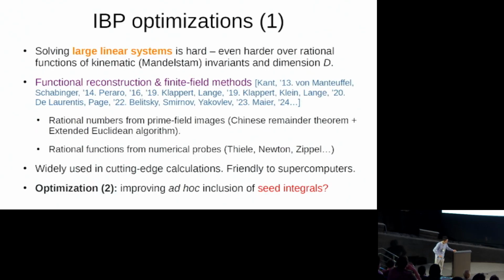Now, since the IBP reduction is a hugely computationally intensive business, we'd like to optimize it. In fact, in the recent 2 years, some of the key work on optimizing IBP has been strongly driven by the needs of gravitational wave physics, in addition to collider physics.